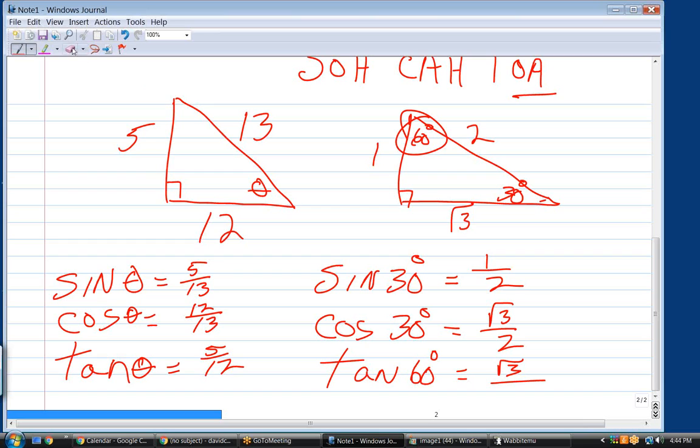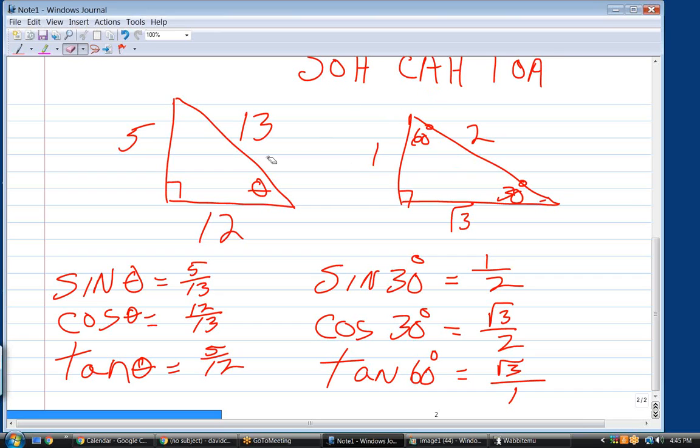That's one of the adjacent sides. But remember that when we are referring to this A up here, we're always referring to the adjacent side that is not the hypotenuse. So the adjacent. Okay, that makes sense. In other words, the adjacent side referred to in SOH CAH TOA is never the hypotenuse. If you're referring to the hypotenuse, you need H. That means opposite, that means hypotenuse, that means the adjacent side that is not the hypotenuse.